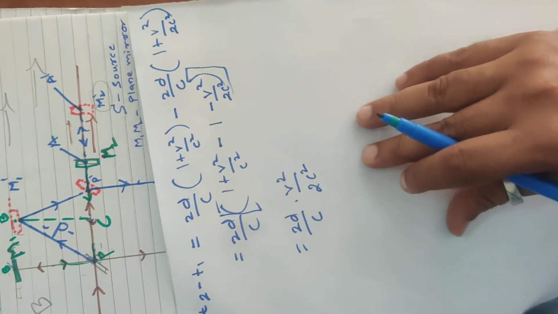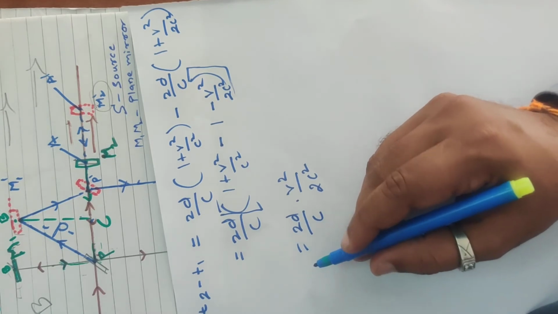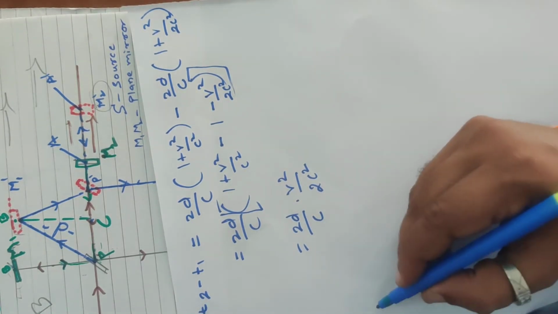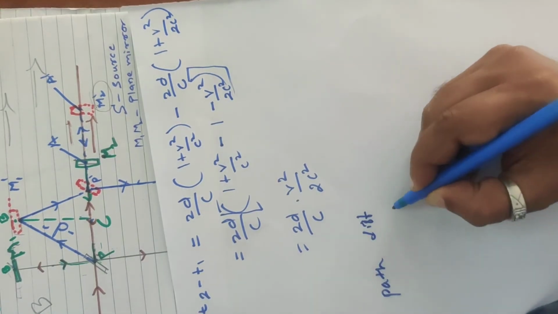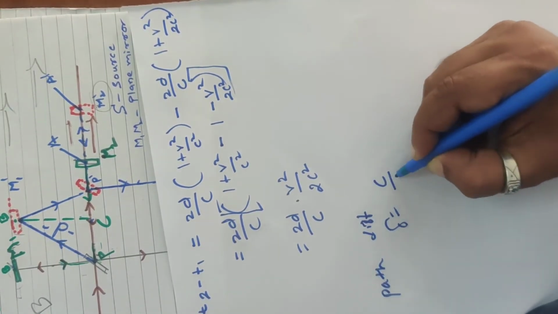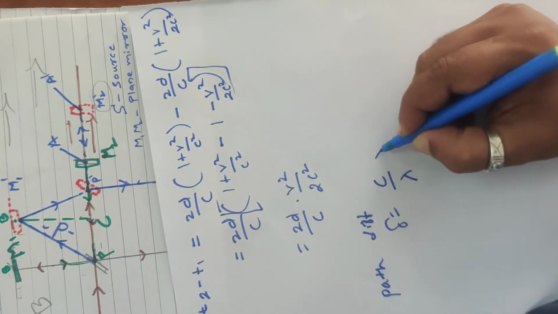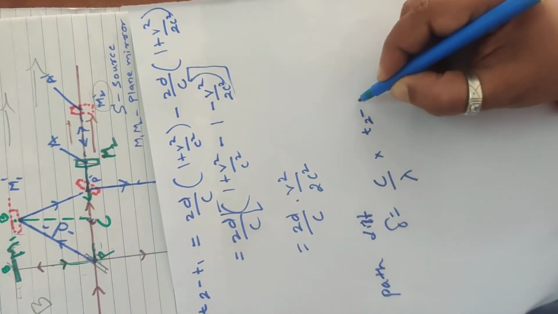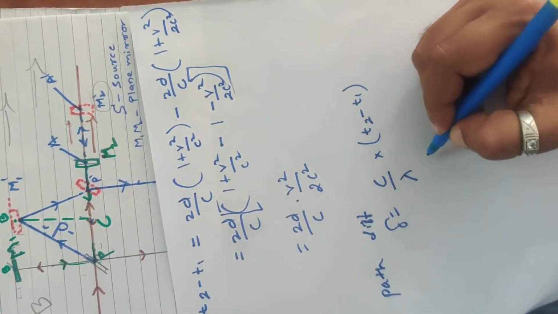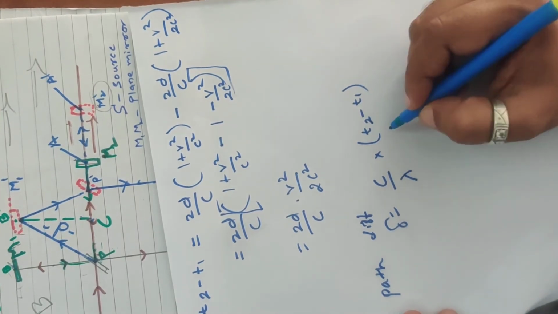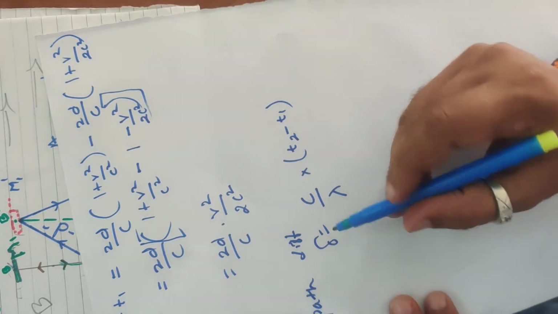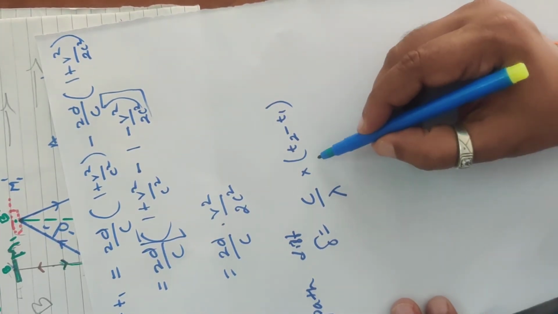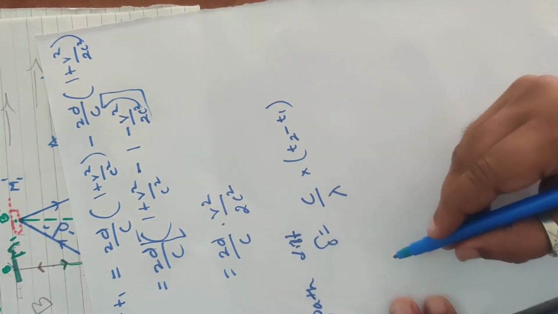Got it? Now taking this, how do you find out the optical path difference? As path difference we know that can be found: delta equal to c by lambda into (T2 minus T1), that is phase difference into change in the time. Right? So path difference delta equal to c by lambda into (T2 minus T1). What we got?